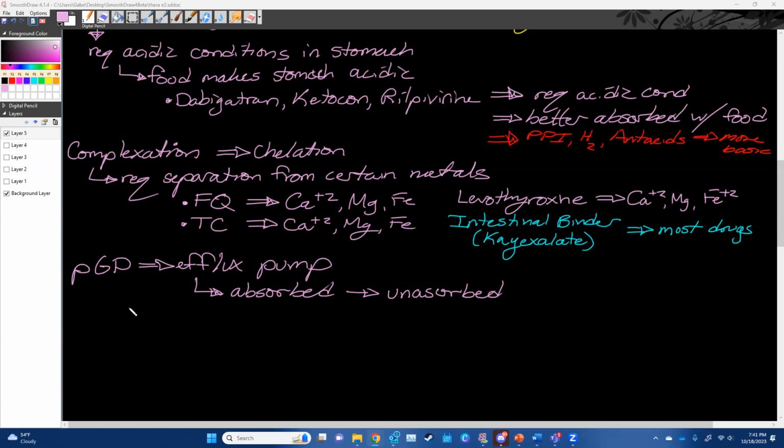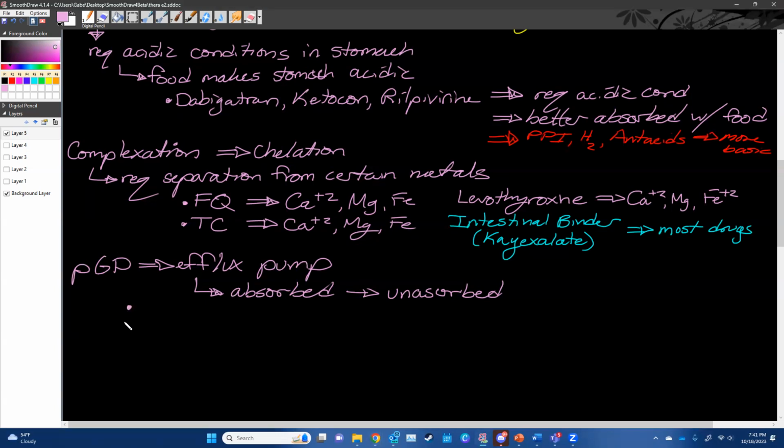There are several drugs that are P-glycoprotein dependent. And when we talk about P-glycoprotein dependency, what we are talking about is absorbing the correct dose.